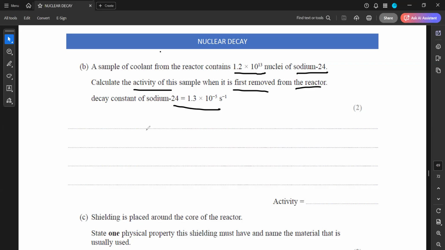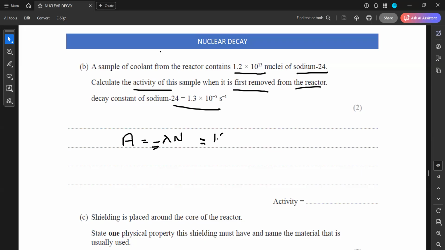We have the formula that activity equals minus lambda N. This negative sign only indicates that the activity always decreases. For calculation purposes, you can ignore this negative sign. The formula always includes it, but for calculation we can ignore it.